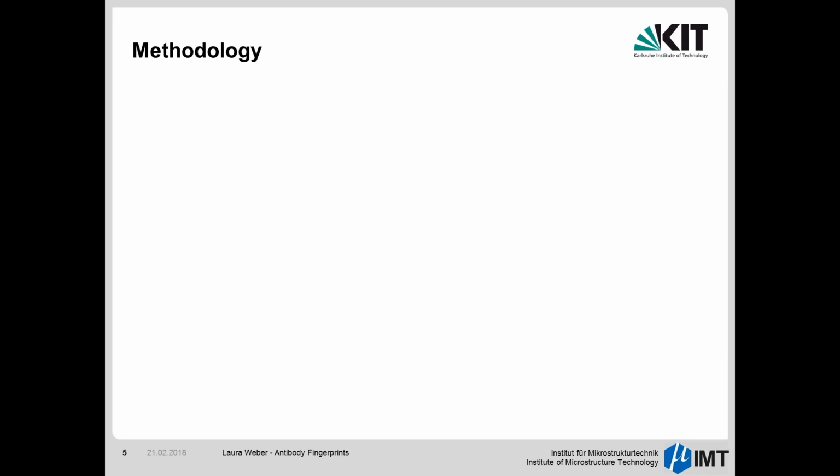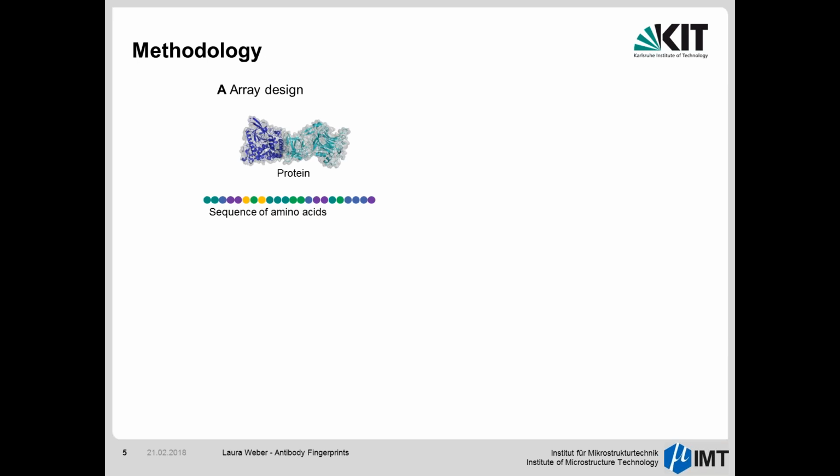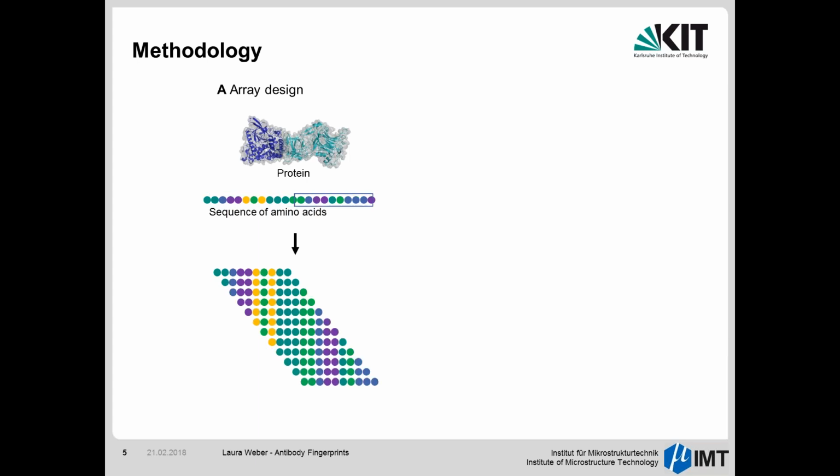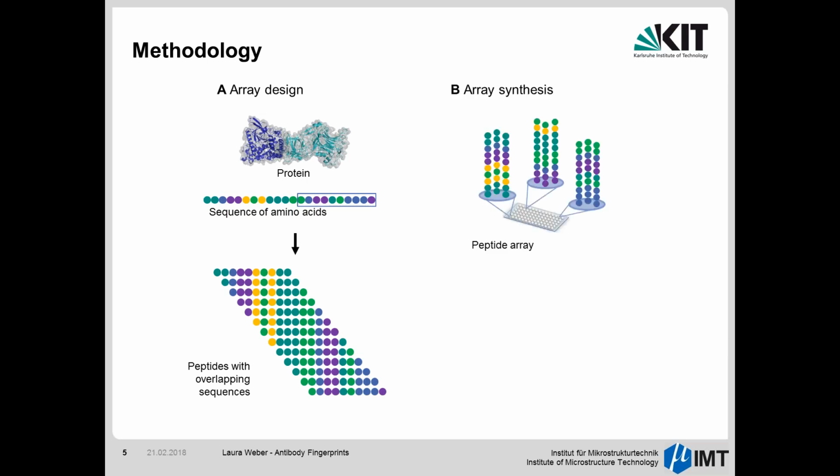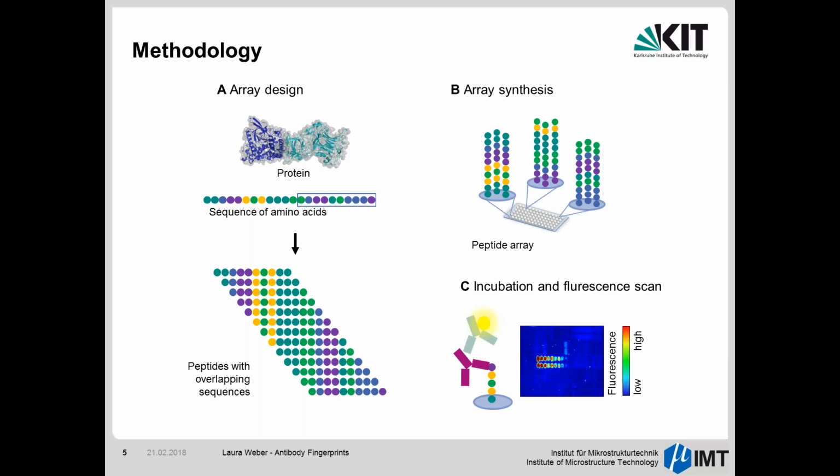In order to investigate the antibody response against known antigens, an epitope mapping is carried out. Therefore, the linear amino acid sequence of the antigen is cut in silico into overlapping fragments. Subsequently, a peptide array consisting of these fragments is synthesized and incubated with the serum of a patient and a fluorescently labeled secondary antibody. A fluorescent scan afterwards shows which peptides an antibody has interacted with.